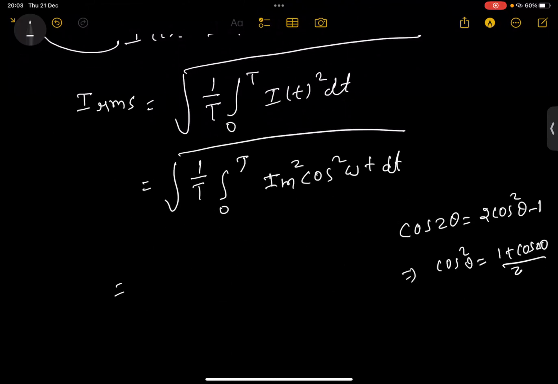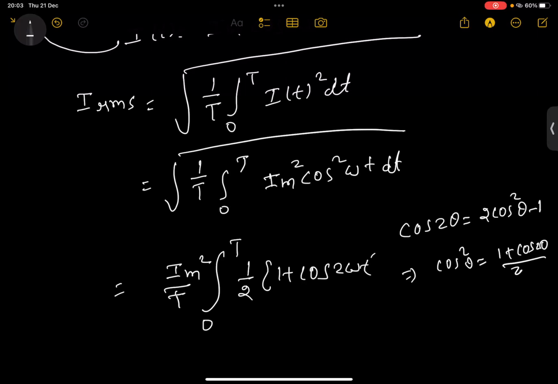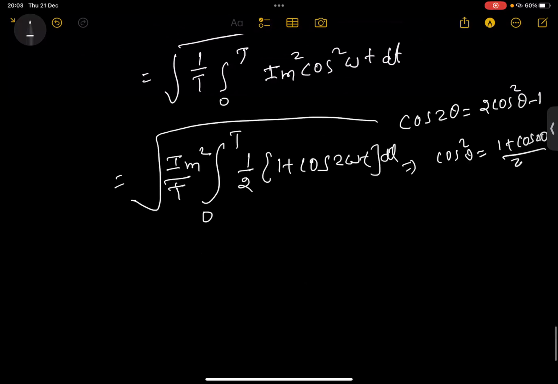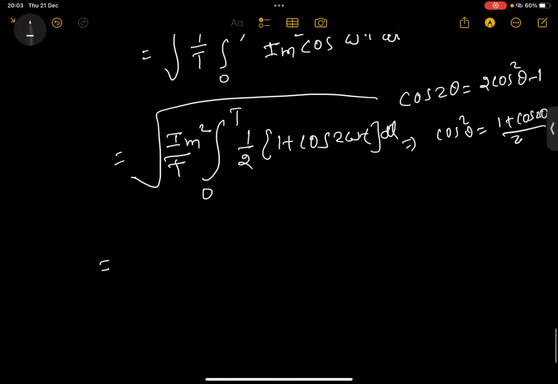This will become I maximum square by T, limit 0 to T, 1 by 2 (1 plus cos 2 omega t) dt. When you solve this one, then you get 1 by root 2 I maximum, which is I_RMS.